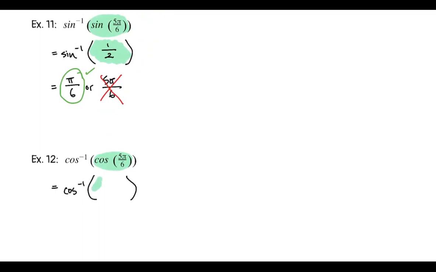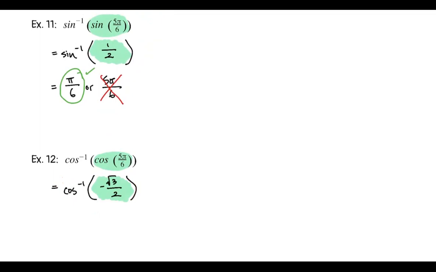You tell me what is cosine of 5 pi over 6. Negative root 3 over 2. I agree. Great. Now we've turned this into a question that looks just like the questions on the other page.